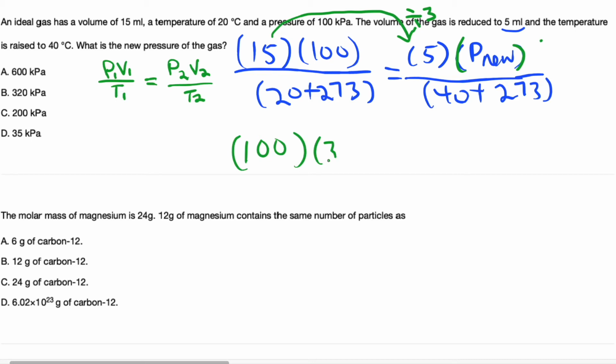So 100 multiplied by 3 is equal to 300. And since the temperature from the left side to the right side is increased, the lower part is increased, so the upper part has to be increased. So the answer is going to be greater than 300.